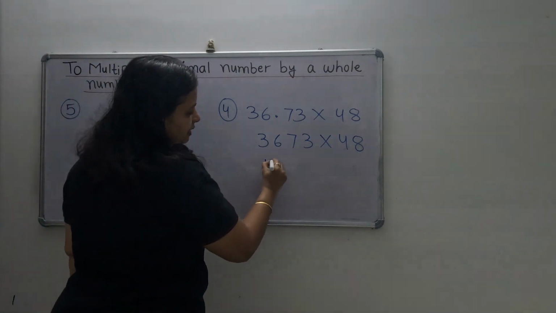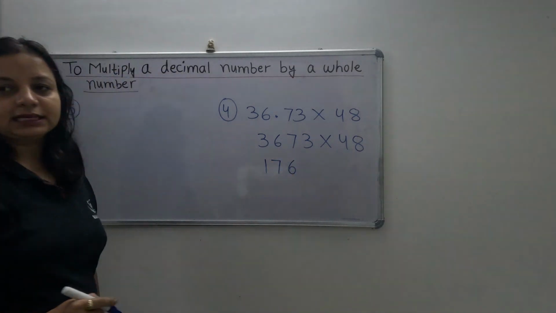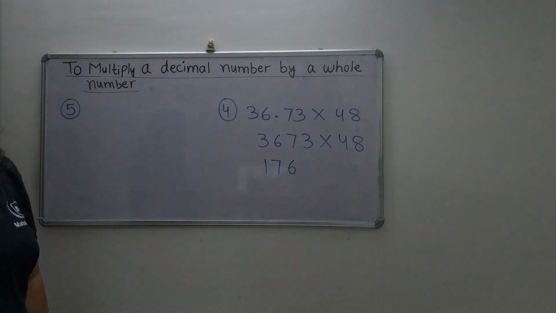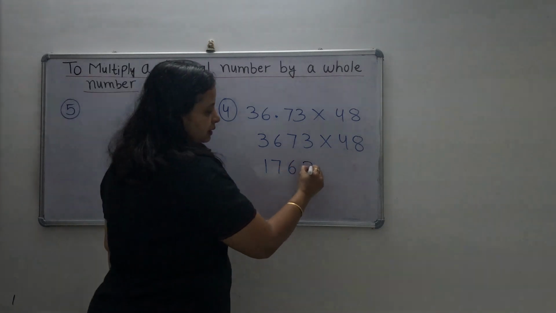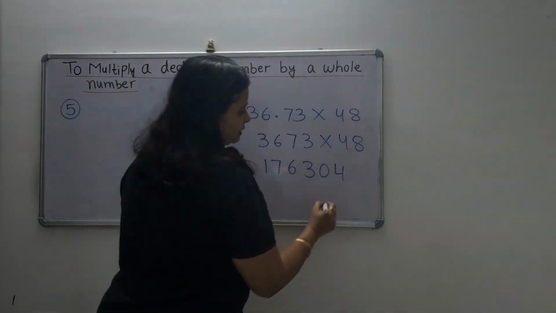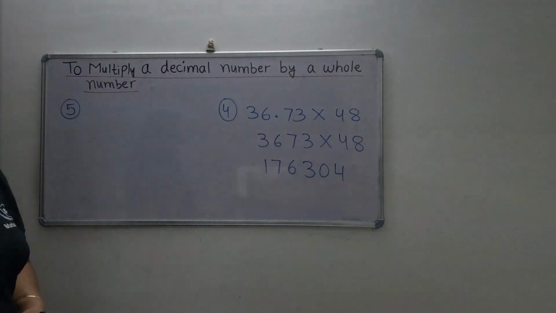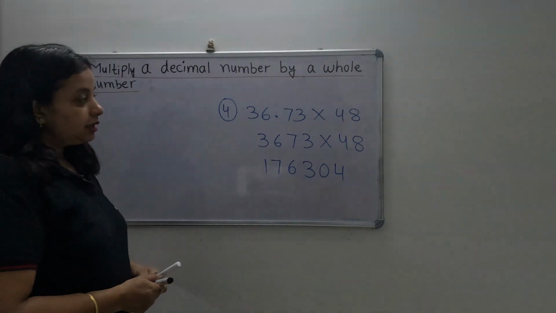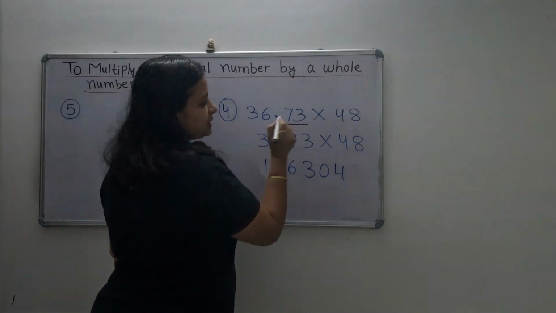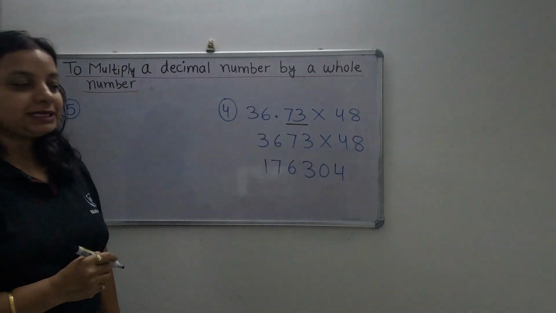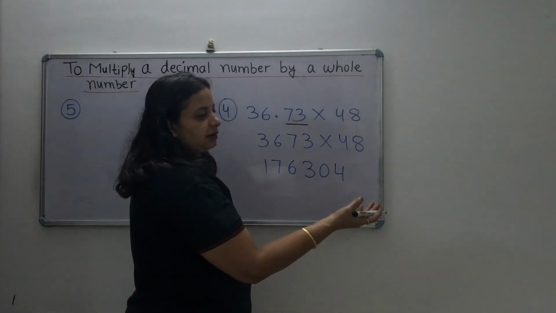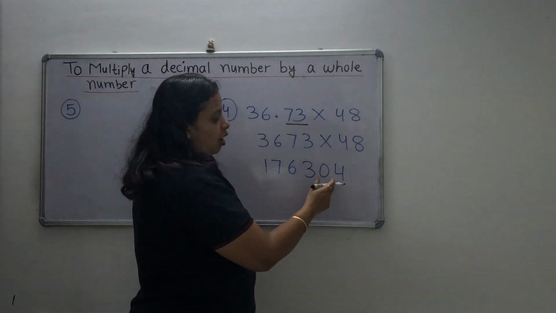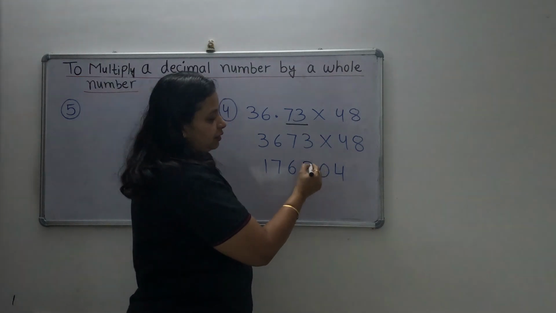So the answer is 176304, isn't it? 176304. You will check how many decimal places we have. We have 2 decimal places in the answer. From the extreme right, you will count 2 digits and put the decimal.